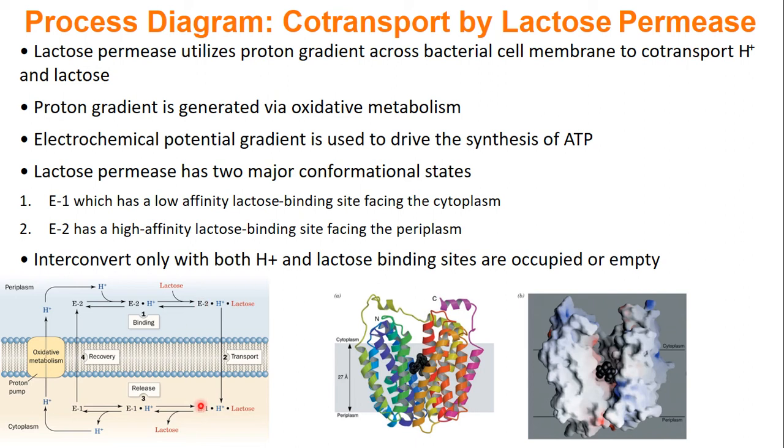So it will relax to the E1 conformation and release lactose. It will also release hydrogen, which can be pumped out again. And then in the E1 form, you have to go back to the E2 form, and then you can bind again. So this will only switch once hydrogen and lactose are bound.